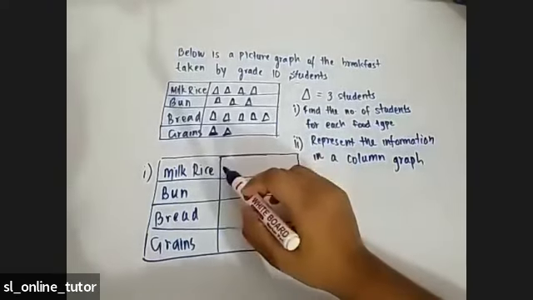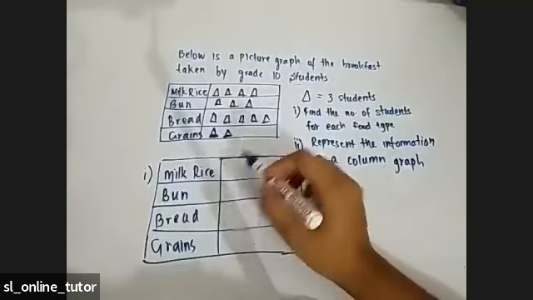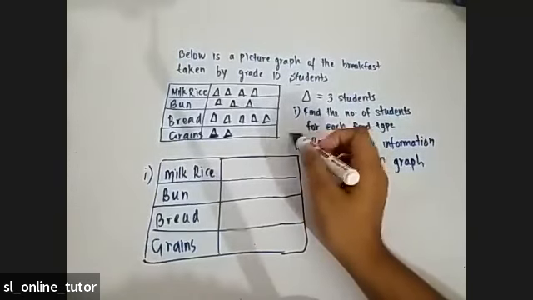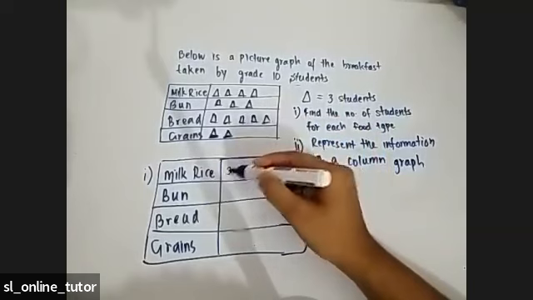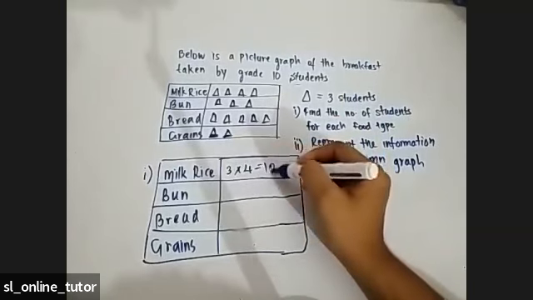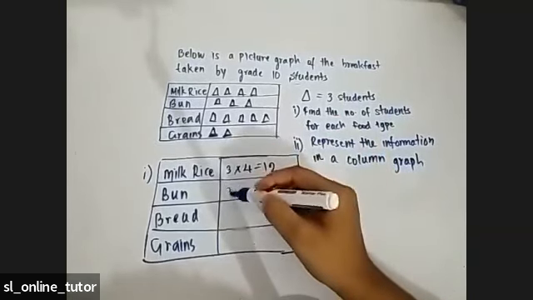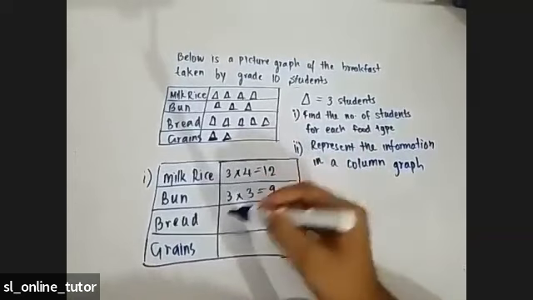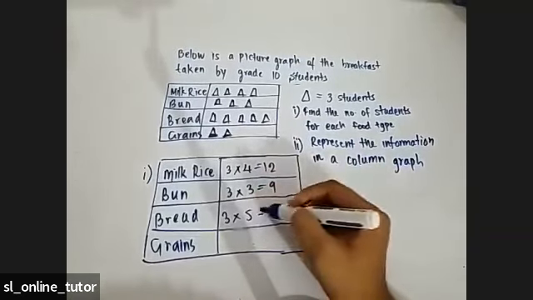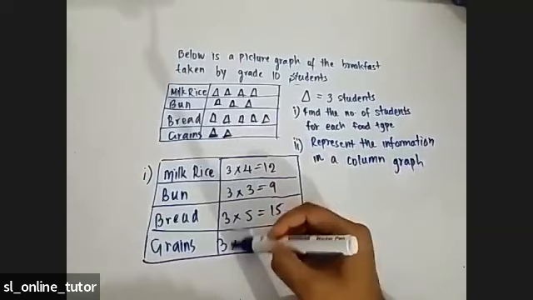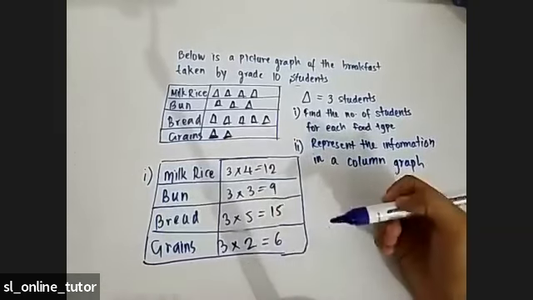Milk rice, how many students prefer milk rice? If one triangle denotes 3 students, there are 4 triangles. So 3 into 4, we get 12. Bun, 3 into 3, that's 9. Bread, 3 into 5, 15. Grains, 3 into 2, 6. Is that clear? Yeah, teacher. Okay, if there are any doubts, please ask me.